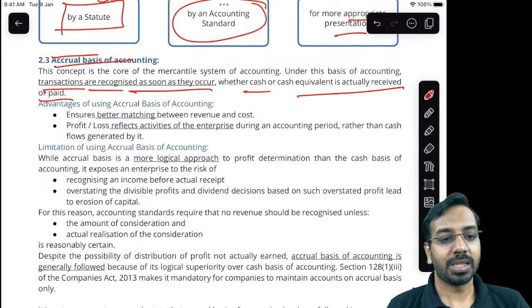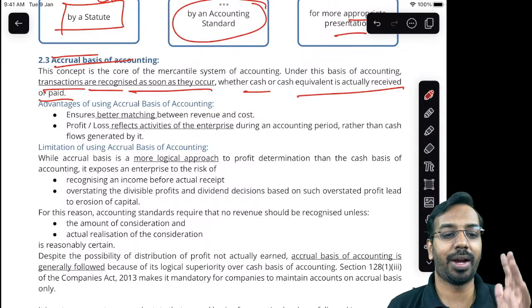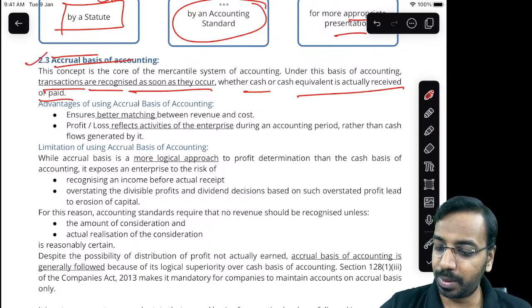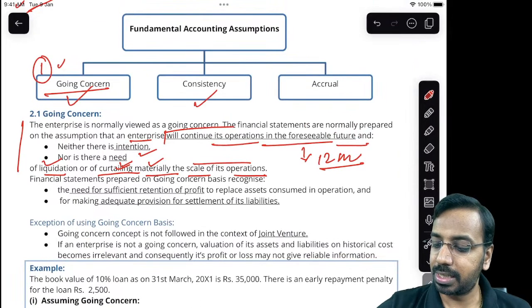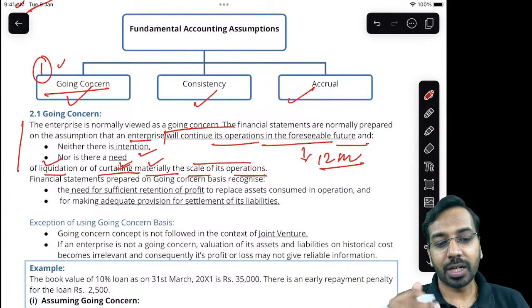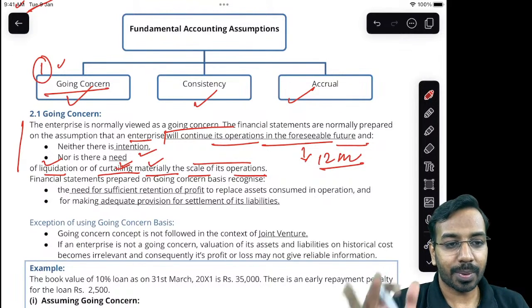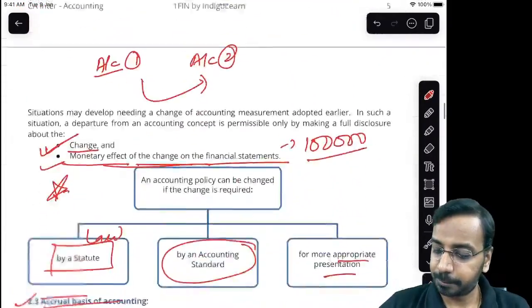I will account for the expense when the expense has been incurred, irrespective of whether cash has been paid or not. Right? So that is the accrual basis. So three fundamental accounting assumptions: going concern, consistency, accrual. If it is followed, no separate disclosure is required. If it is not followed, you have to make a separate disclosure saying that this has not been followed. Okay.